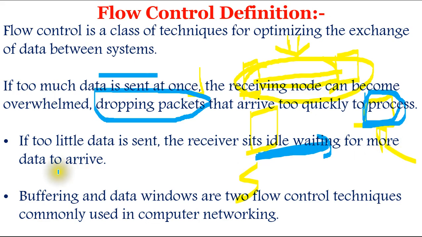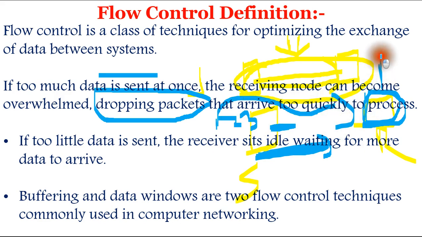For example, 1, 2, 3 data has to go, but only one data goes this side, so this PC will wait until 2 and 3 arrive. And if too much data is sent too quickly, it may drop 2 or 3.